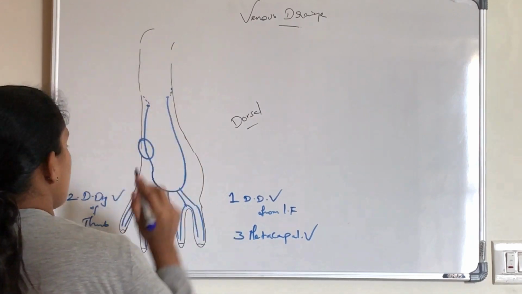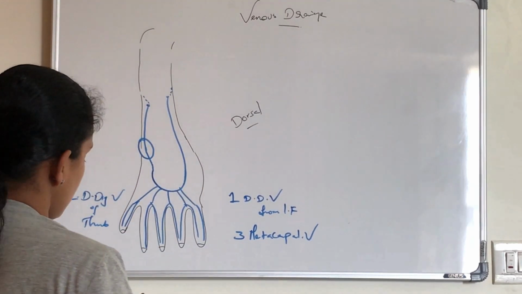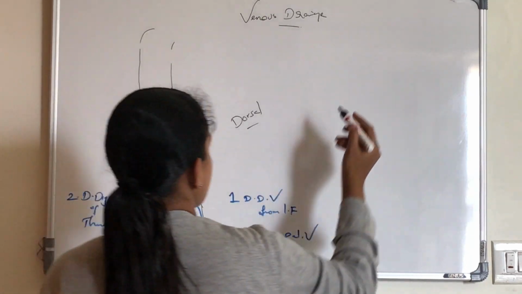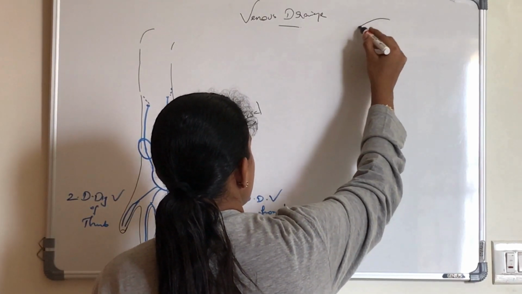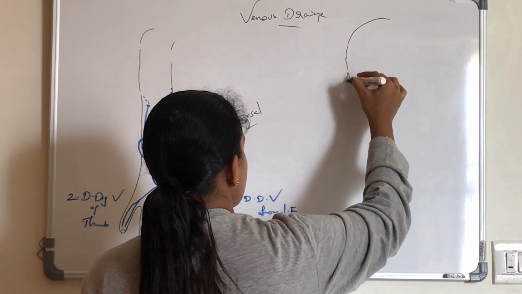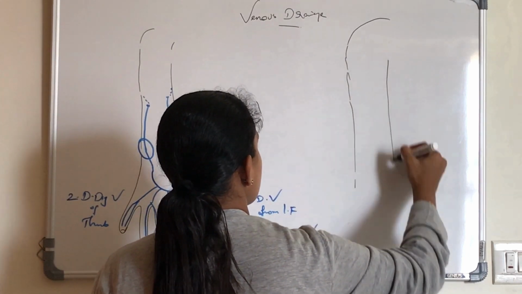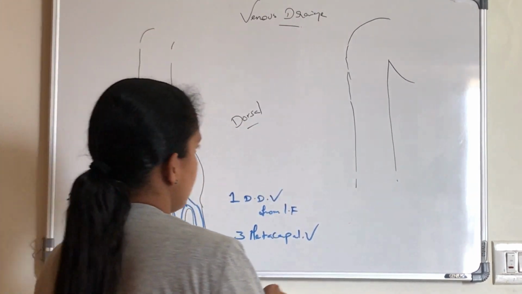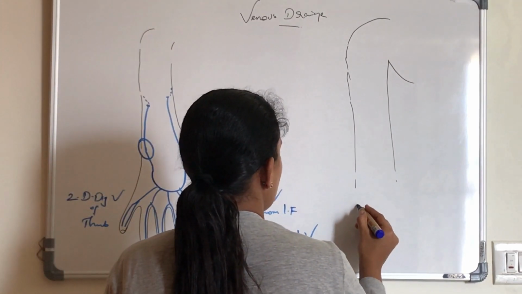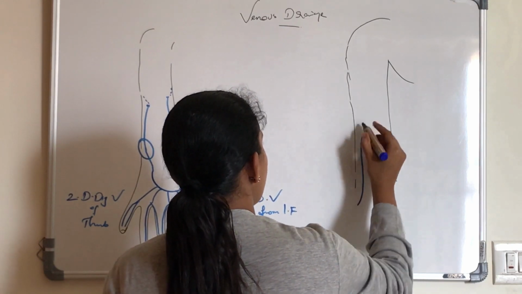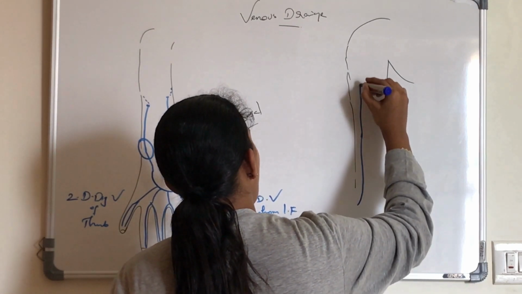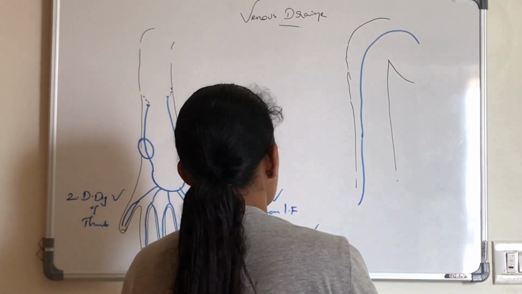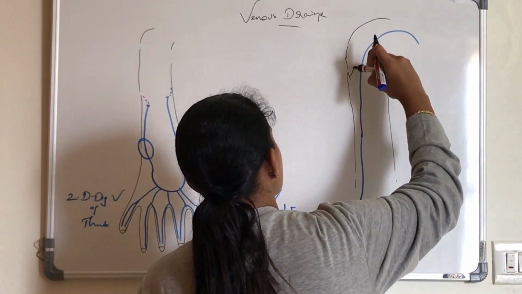On the medial side, we have basilic vein which ascends up. Later, these two veins turn forwards to run on the ventral surface of the forearm. On the lateral side, you have cephalic vein which ascends above to run in a groove called deltopectoral groove.